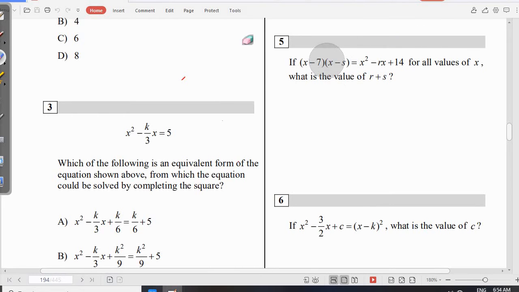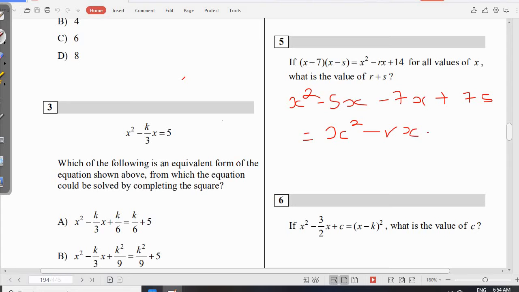Let's expand this first one. Let's see what we can do. So we have x squared minus sx minus 7x plus 7s. Wow, we have already got the answer, equal to x squared minus rx plus 14.